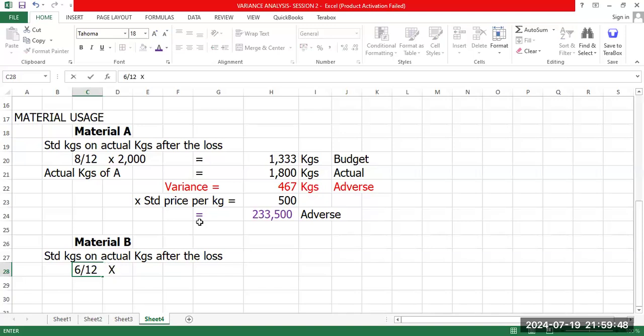Then multiply by the total actual kgs after the loss, which is 2,000. What do you get? 1,000. Perfect. So these are kgs.